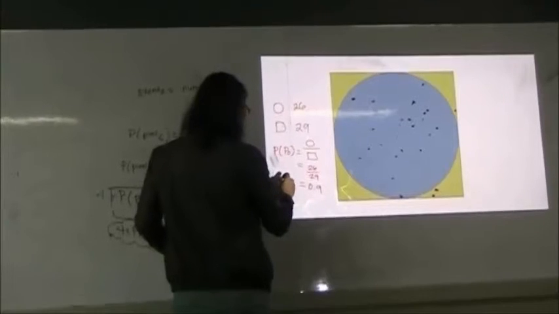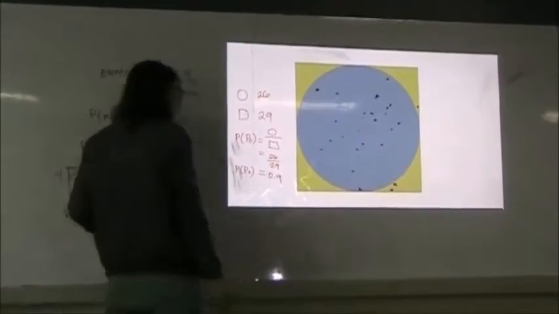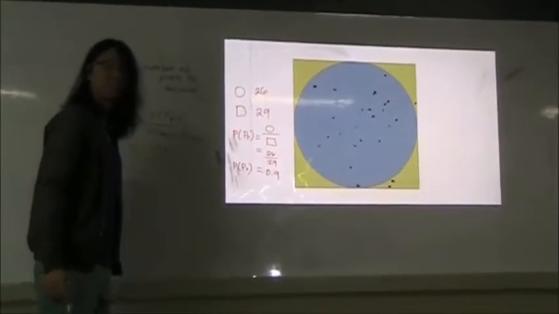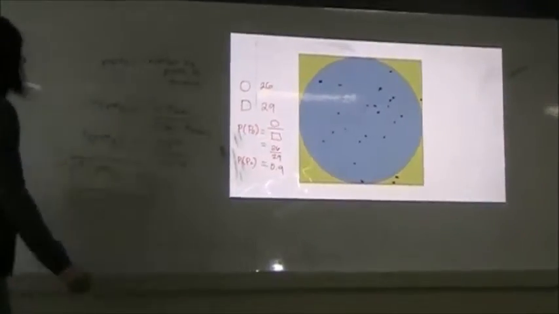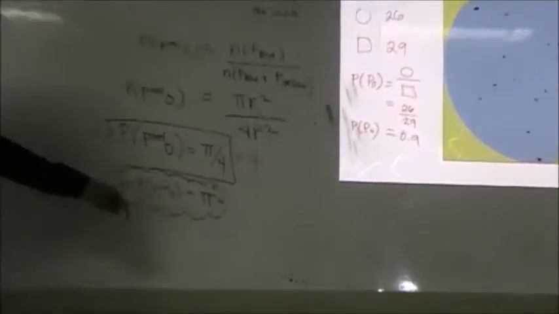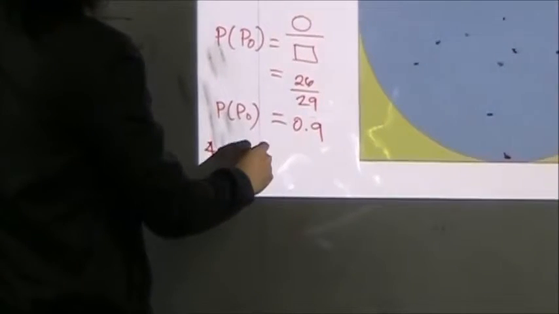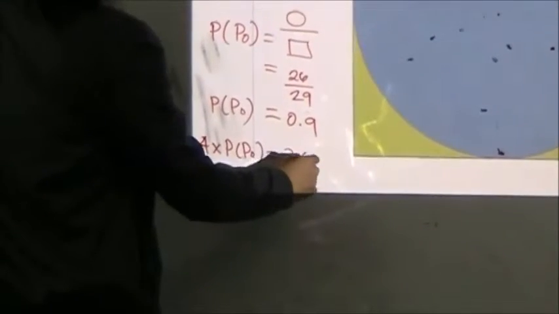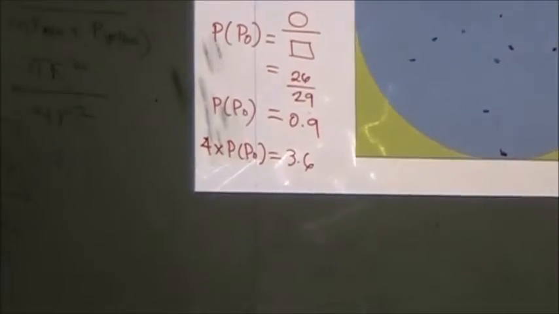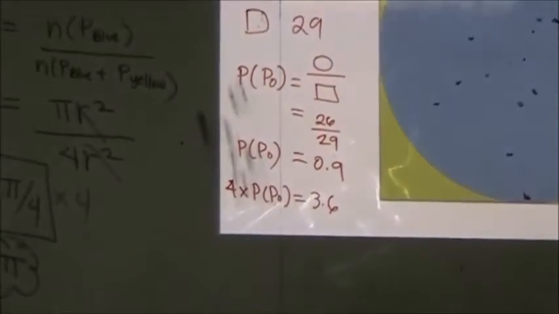Oh, that's nice. And then how do we get pi? Almost. It's pretty good. So we do get pi.